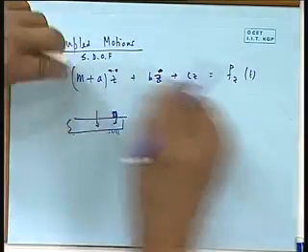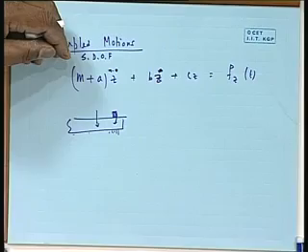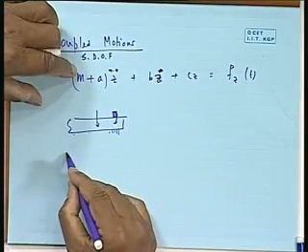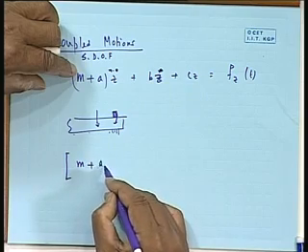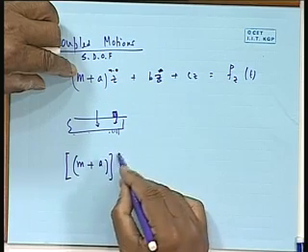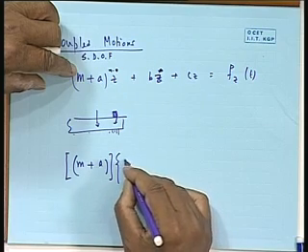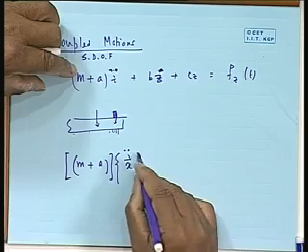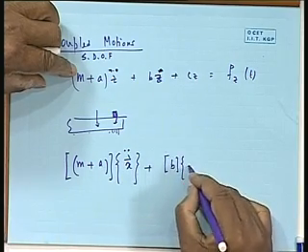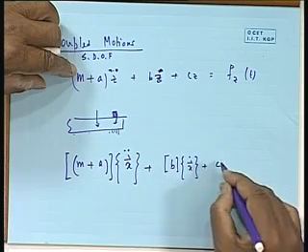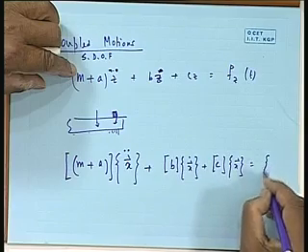Without writing in detail, the equation of motion becomes more complicated, and this m plus a becomes a matrix now: mass plus added mass matrix into the response. Let me write the general response as x vector double dot, plus b matrix into x vector dot, plus c into x vector, equal to f vector.